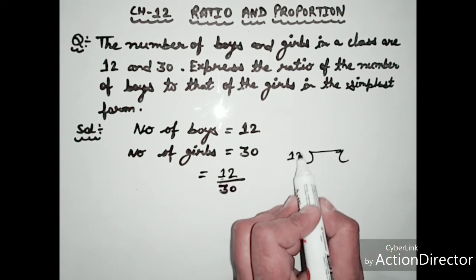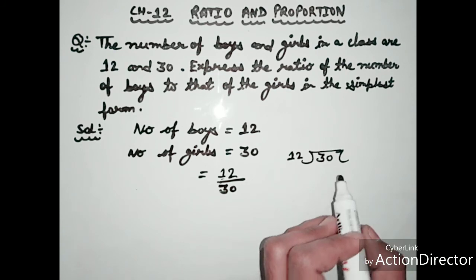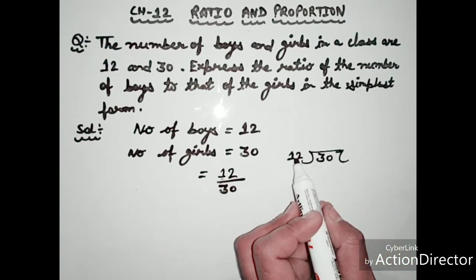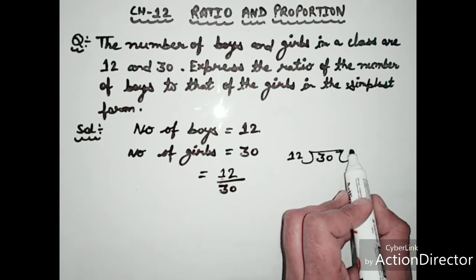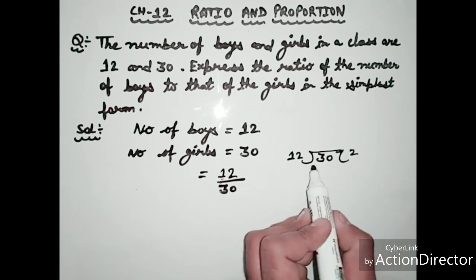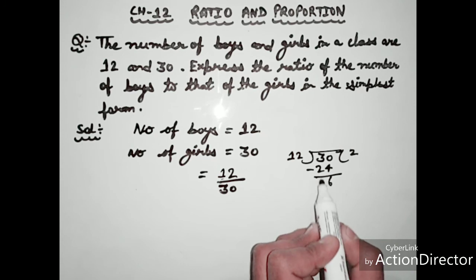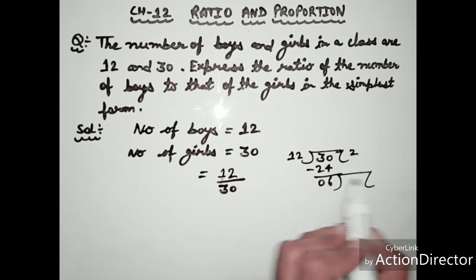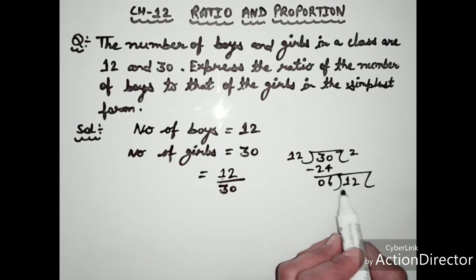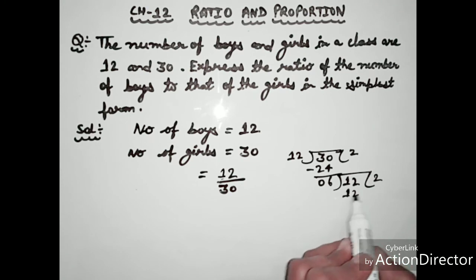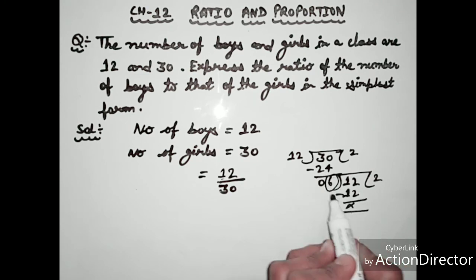So here we use this method: 30 divided by 12. 12 ones are 12, 12 twos are 24, 30 minus 24 is 6. Now again 6 twos are 12. So here the last divisor is 6.